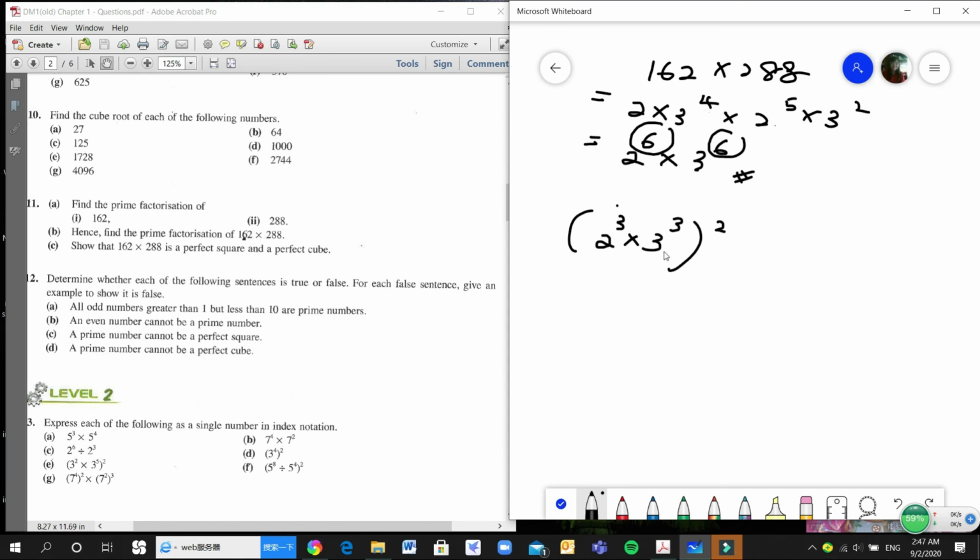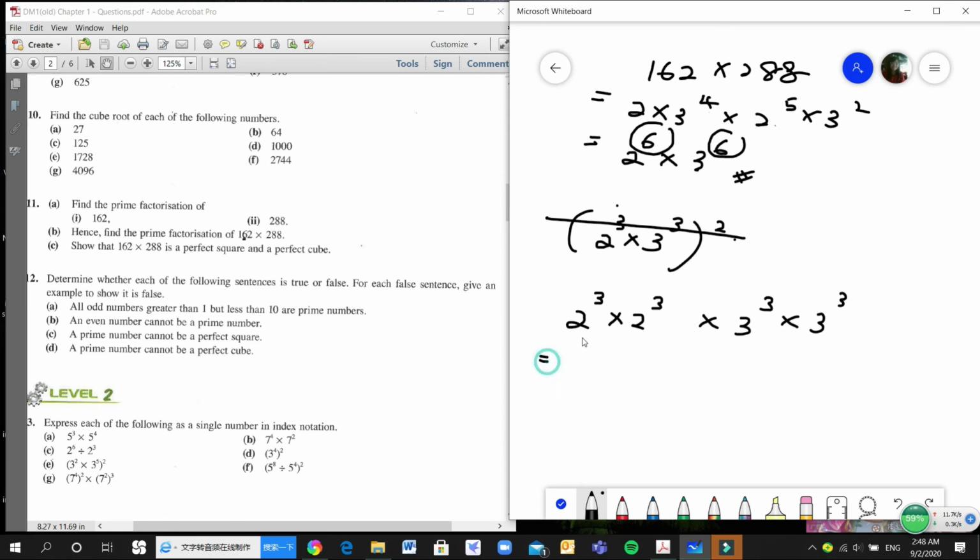Or I can show it another way. Can I say 2 to the power of 6 comes from 2 groups of this, and then 2 groups of this.